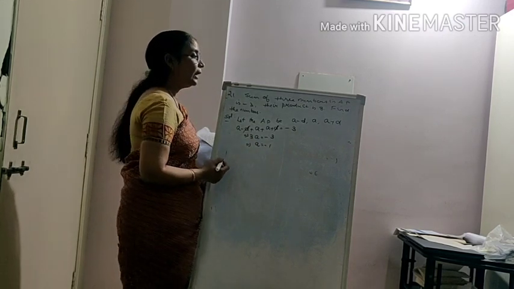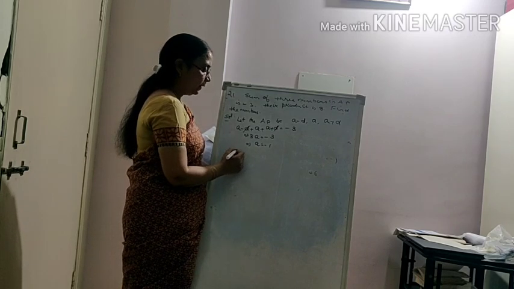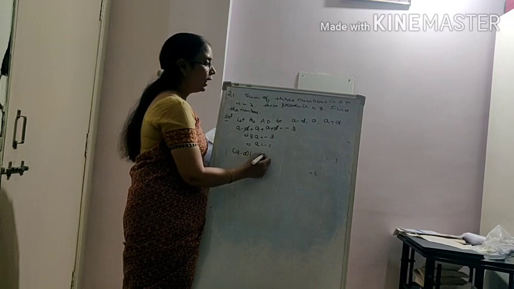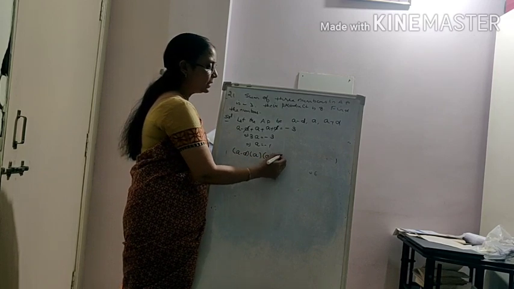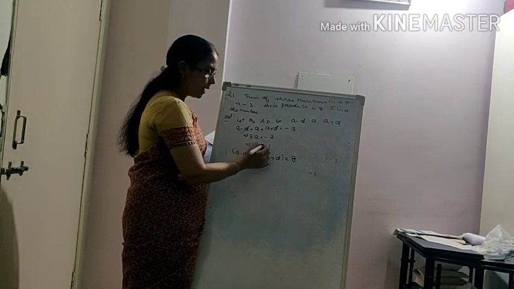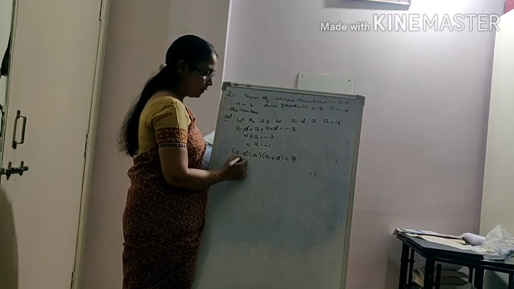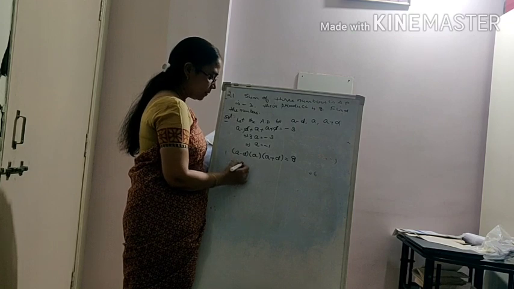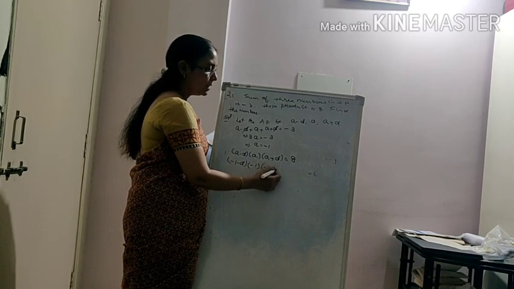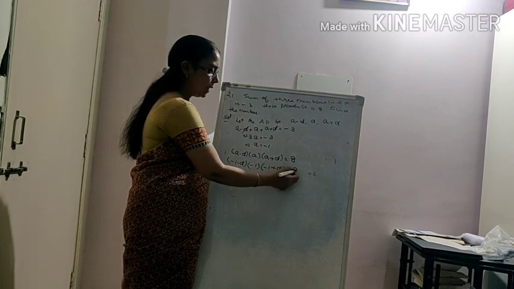Their product is 8: A minus D into A into A plus D is 8. Now put minus 1 in place of A: minus 1 into minus 1 minus D into minus 1 plus D is equal to 8.